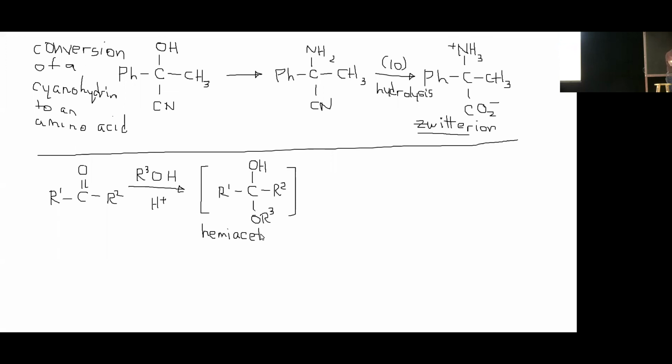It looks very much like the hydrate of the aldehyde or ketone, except that instead of two OH groups, you have one OH group and one alkoxy group. So again, the square brackets just mean that this is an intermediate, and this type of compound we call a hemiacetal.